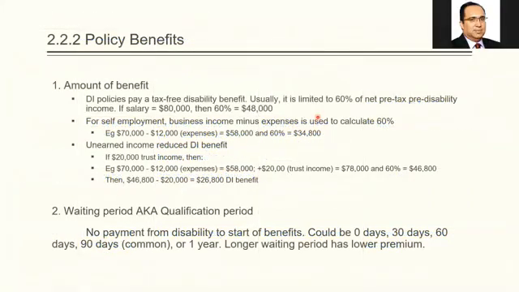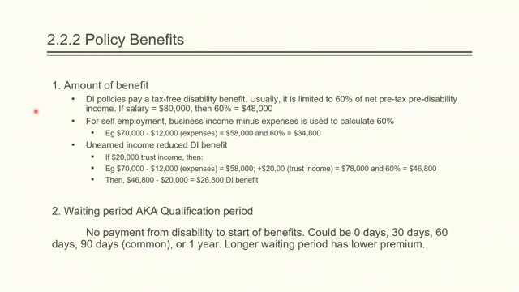So the policy benefits: when you're making the policy for the client, you have to decide several things. First, you have to decide what amount of benefit they will get, how much money they want. And the DI policies pay a tax-free disability amount, so the money that they get, they don't get taxed on it. Usually, regularly, it is like 60% of pre-tax income.